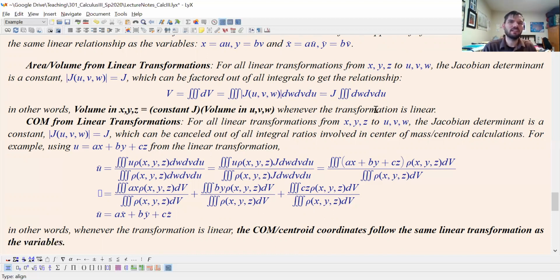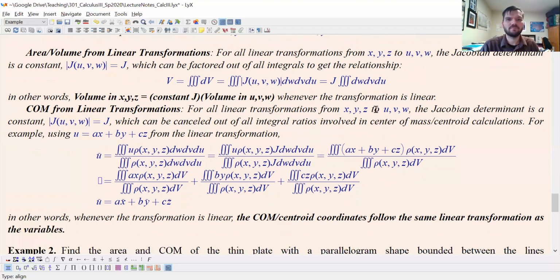So basically what we're saying is the measurement, volume or area, of this weird shaped thing we have, if it's a linear transformation, it's simply the Jacobian we compute times the simpler volume or area geometrically, which honestly we can usually figure out without any integration required.